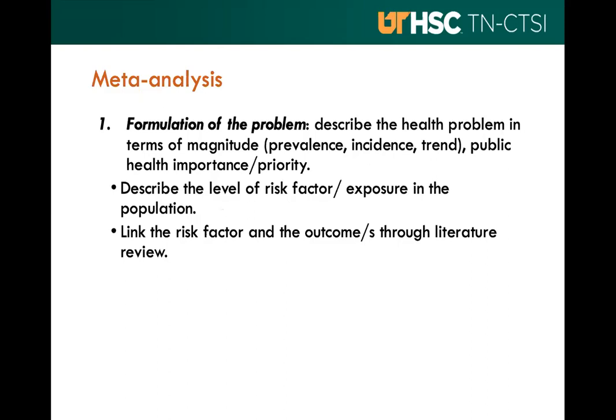And a lot of cost is also involved. So there is an obvious magnitude and importance for public health. There is a huge priority there. Cardiovascular disease is the same. Cancer is the same. So describe the level of the health problem that you are about to study.